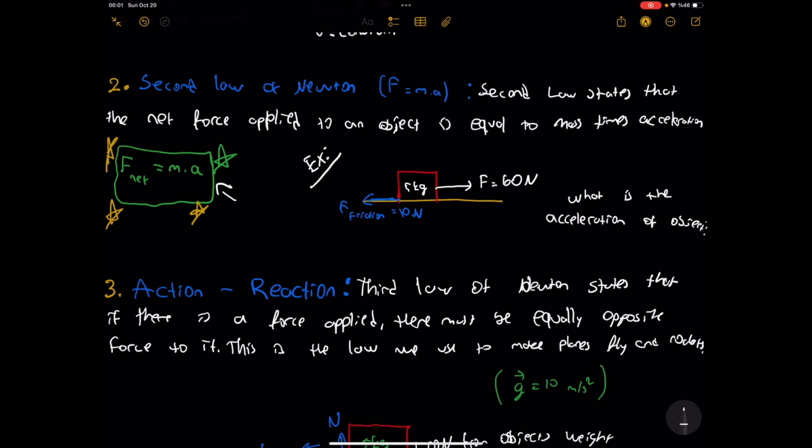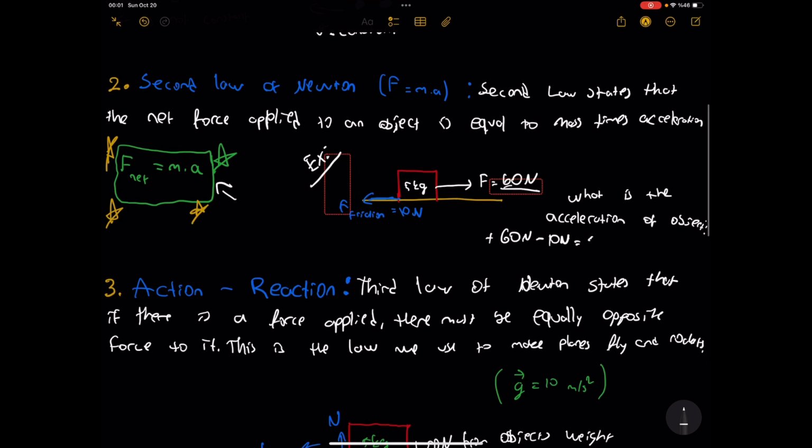So here's an example of an object, and we want to find the acceleration of the object. The second law of Newton states that F net equals m times a, right? There's 60 newtons to the right, in the plus direction, and there's F friction, which is 10 newtons in the minus direction. So we take the net force, which is 50 newtons to the right.